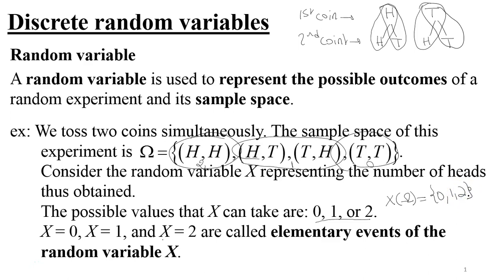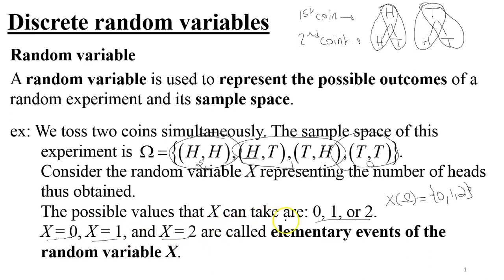Now remember, this is a discrete random variable, discrete because the set of values it can take is a discrete set. It has specific values. It's not a continuous interval. Since 0, 1, 2 are the possible values that this random variable can take, we could end up having X equal to 0, X equal to 1, or X equal to 2.